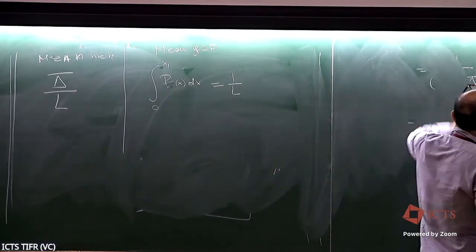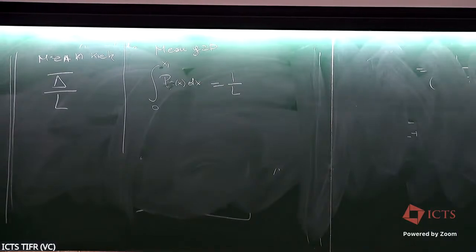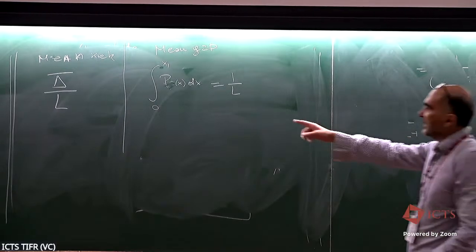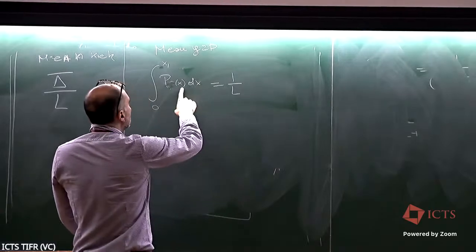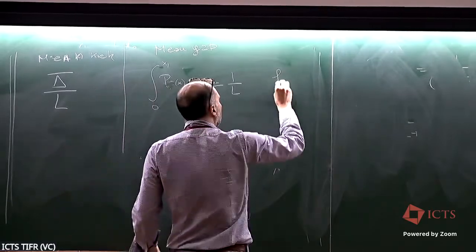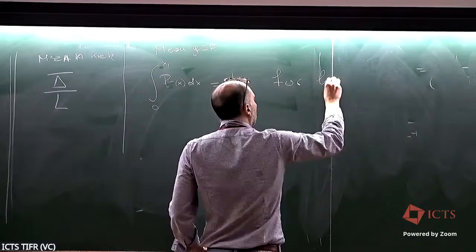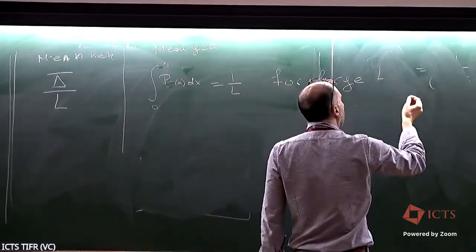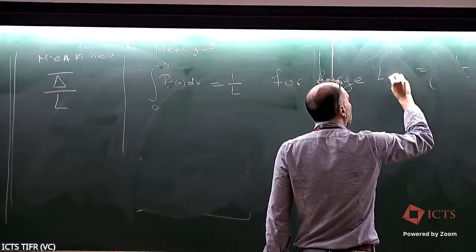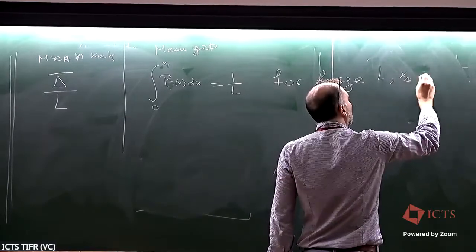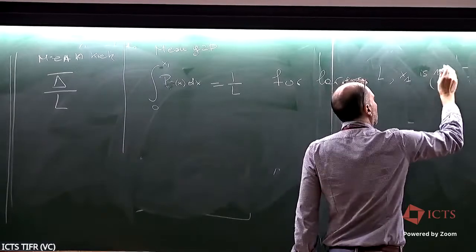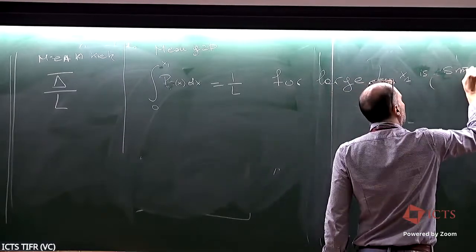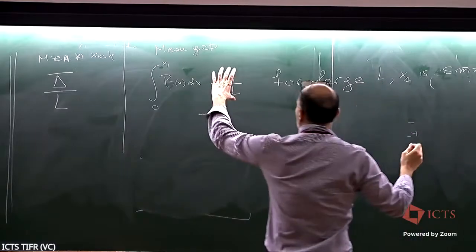So if you do this integral, for large L you can use, also for this exercise of the chain, that x1 is small, because it is close to 0.